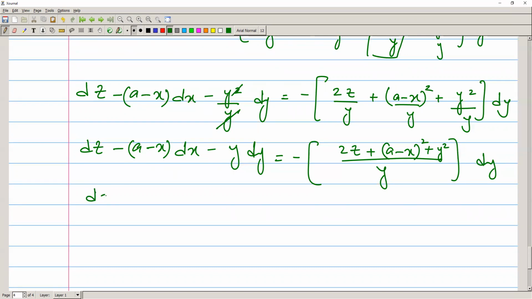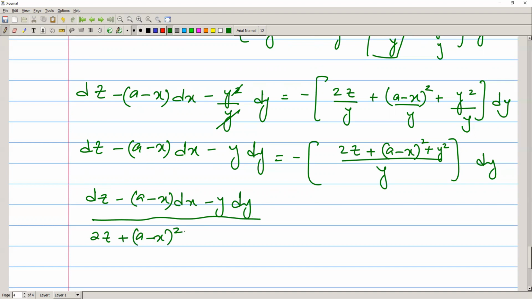So now I will shift this equation's division to the left hand side. So I'm writing it like this: 2z plus a minus x whole squared plus... actually this was positive y, because here it was a negative sign, and when I remove this y squared over y with the negative sign to the left hand side, it will be positive y.